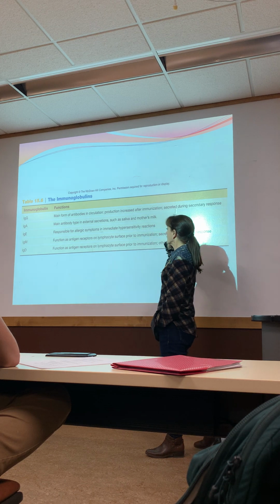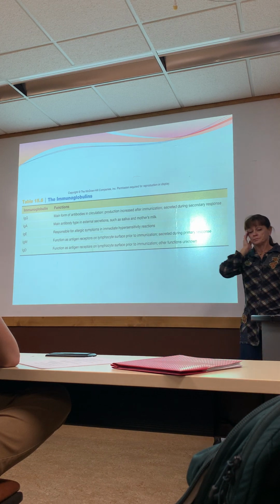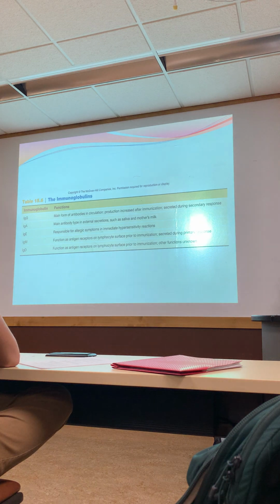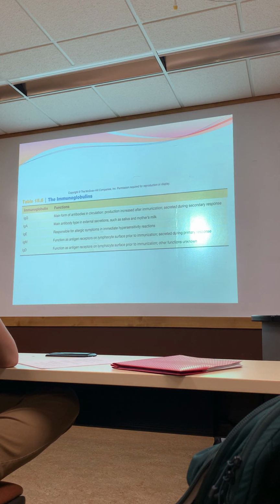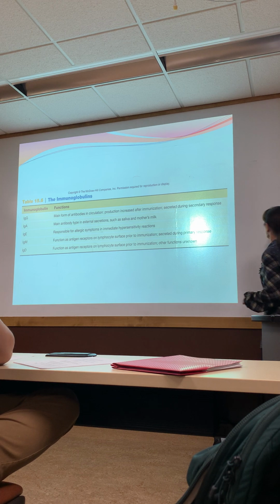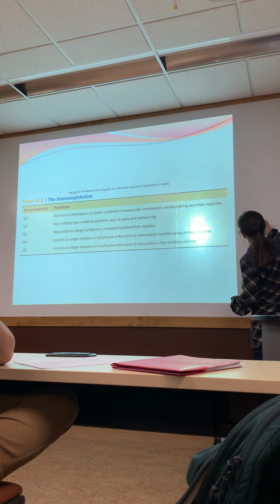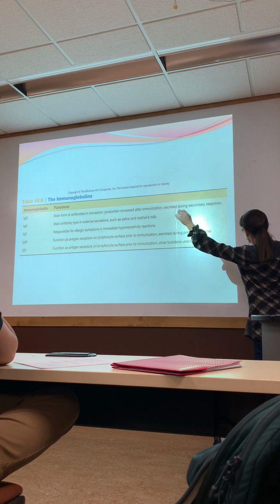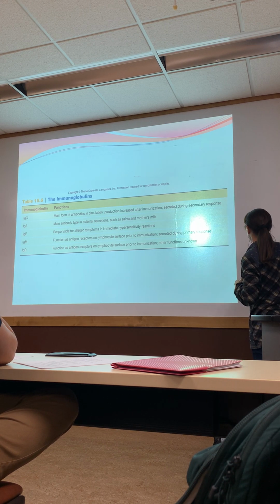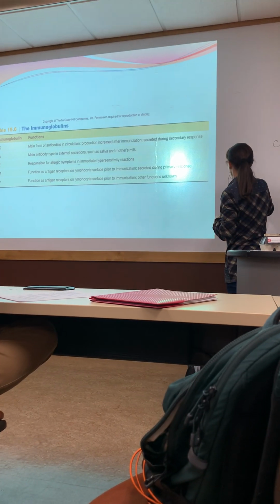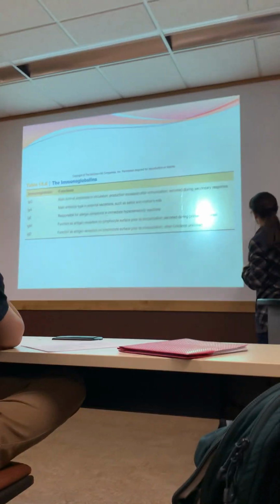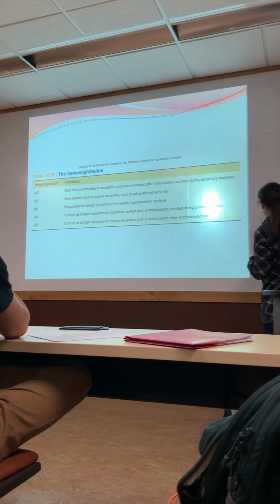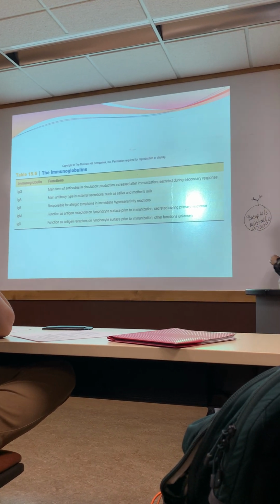IgEs are part of allergic reactions. An IgE antibody stands on the surface of two types of cells. Basophils is one of them, and another cell called a mast cell. Basophils, remember, have big granules in them. So do mast cells.